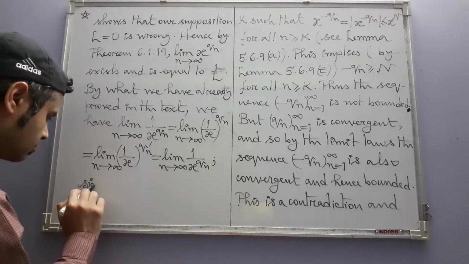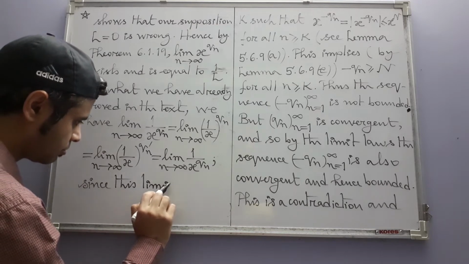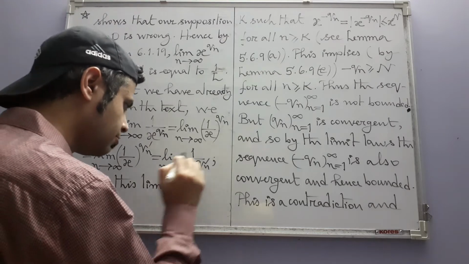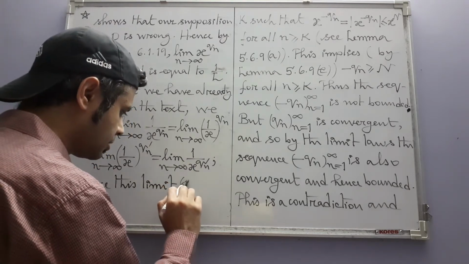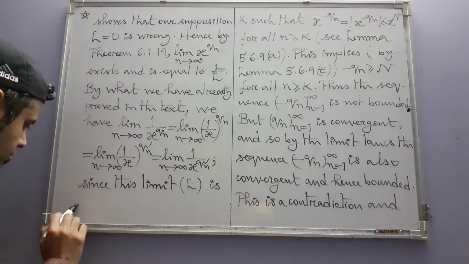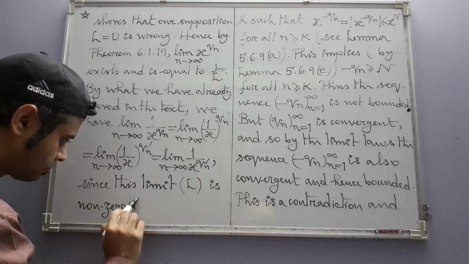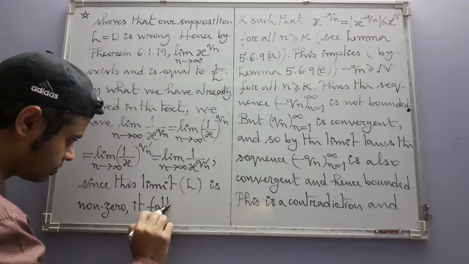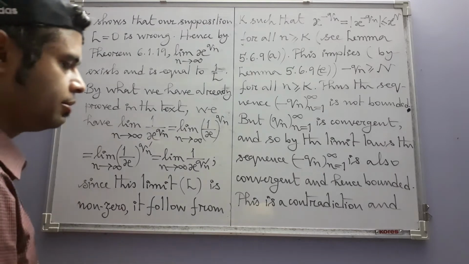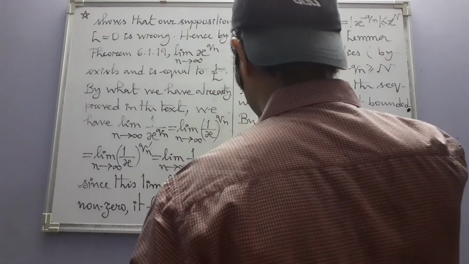Since this limit, you can write, this is Qn prime within brackets, which is L, is non-zero, it follows again from the limit laws, theorem 6.1.19.